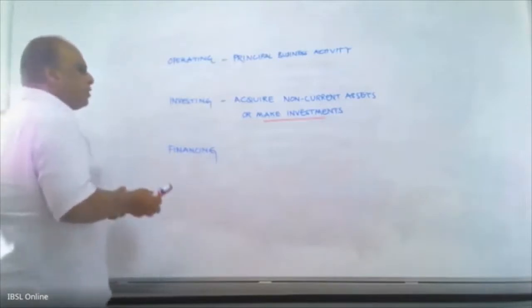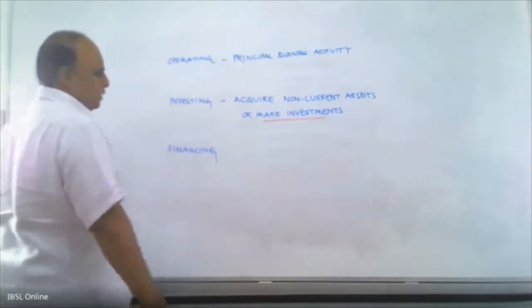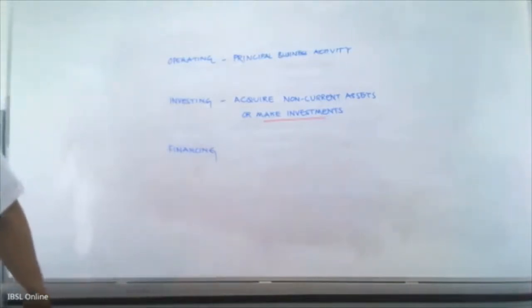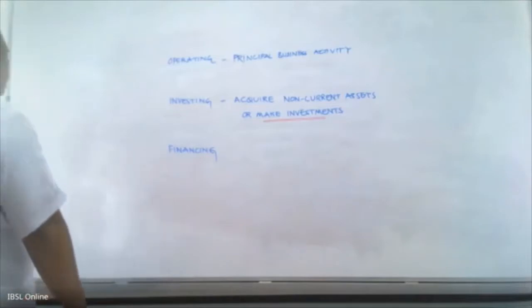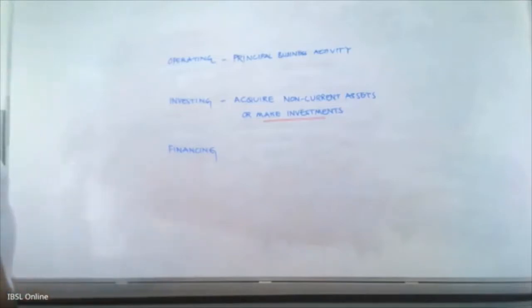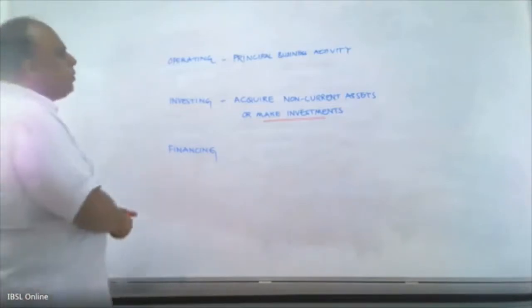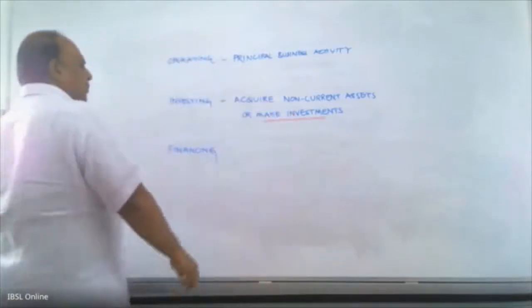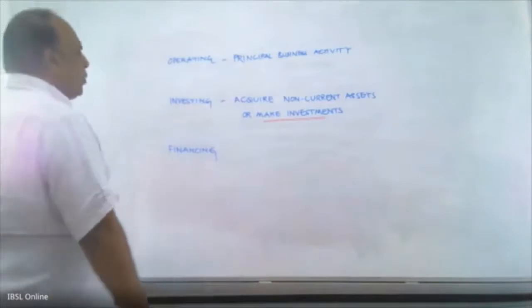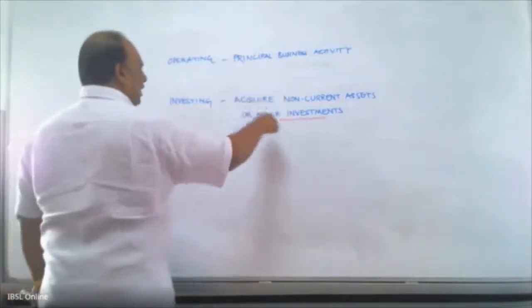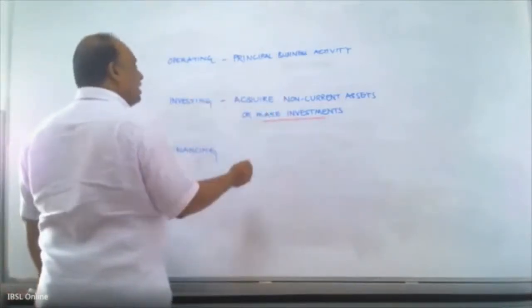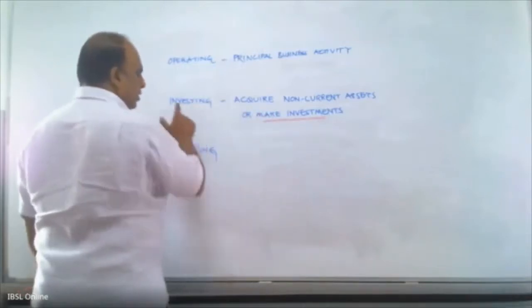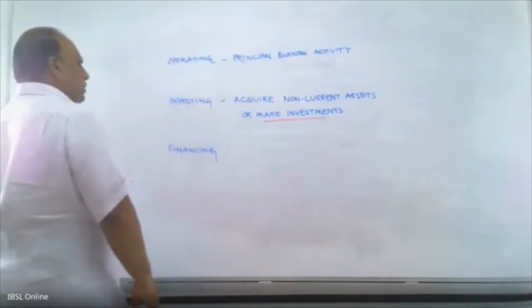But you are not in a position to give loans to everybody, especially under the pandemic situation, where you can't give loans because every business is crashing. So what can you do? You can go and make investments with the excess money that you have. So those types of activities which result in cash inflow or cash outflow, there could be both, are known as investing activities.